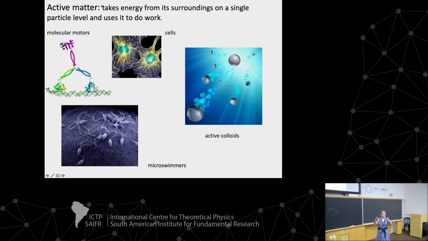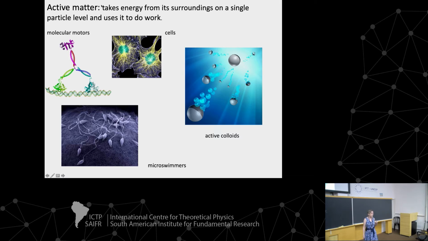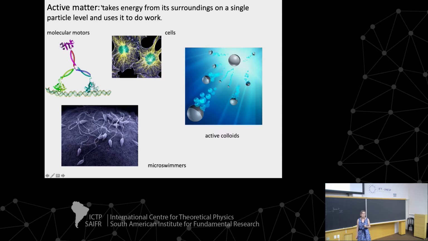So it's not like taking a fluid and putting in energy by shearing the fluid. It's that each particle in that fluid takes energy from its surroundings and is able, therefore, to do work, often to move. And so these systems are out of equilibrium, okay?